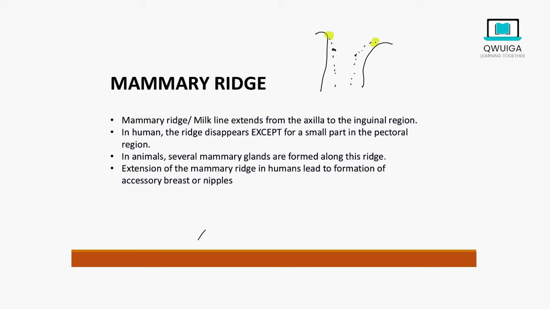Now if this milk line doesn't disappear, accessory breasts could form. That's why you can see someone could have another breast located here, another breast located here, another breast located here, anywhere along this line. That is due to the line not completely disappearing. But normally this region is where the breast is meant to be located.